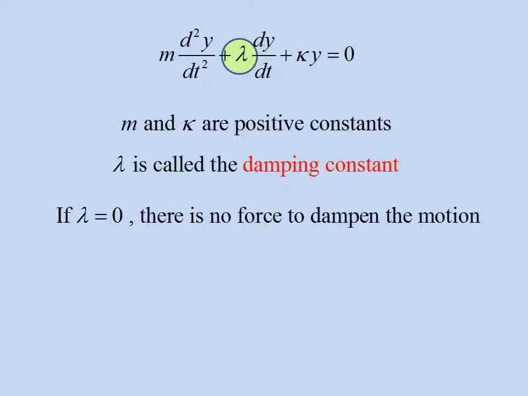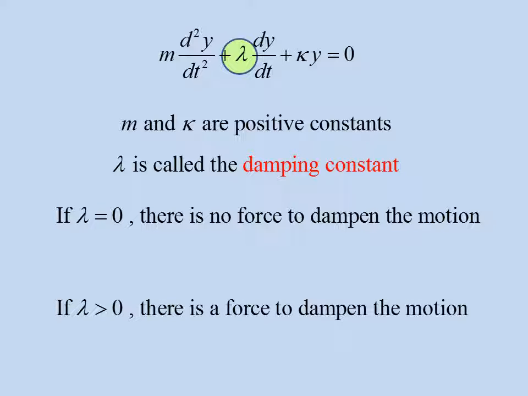Now it could be that the damping constant is 0, in which case there is nothing dampening the motion, or it could be that the damping constant is positive, in which case there is something inhibiting the motion.